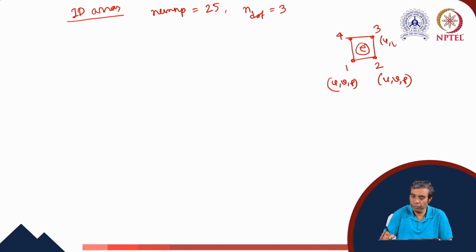So we have U, V, P present in nodes 1, 2 and 3.